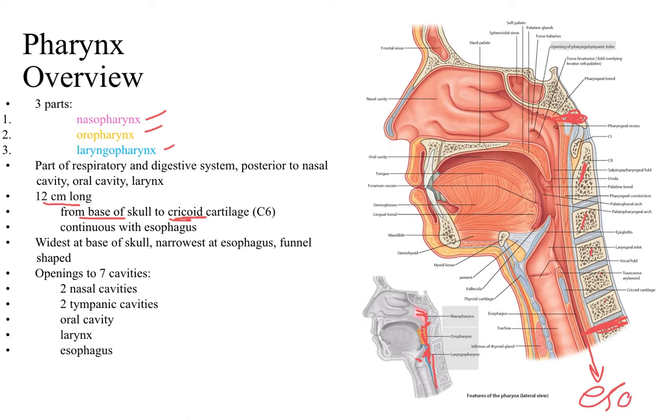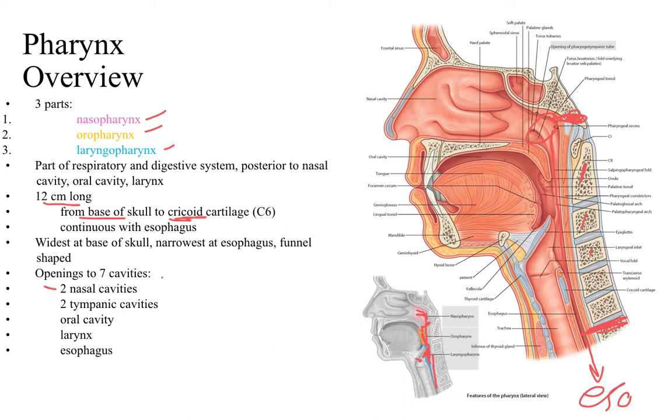Its widest portion is right here at the base of the skull, and then as you notice, it narrows as it goes down. It's a collapsible tube as it moves into the oropharynx and the laryngopharynx. And it has openings to 7 different cavities.